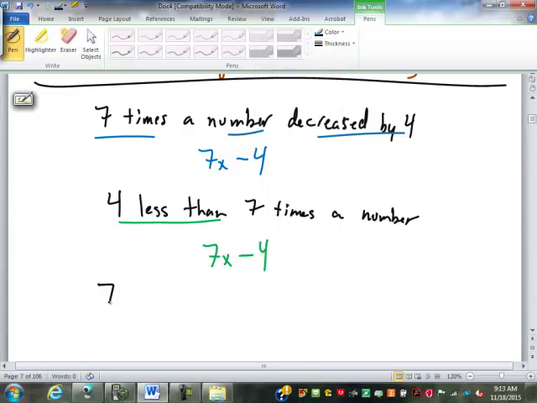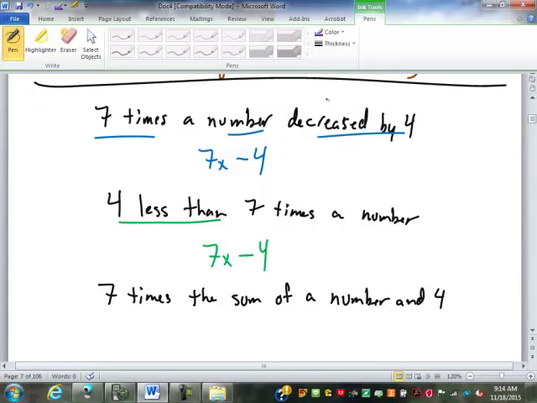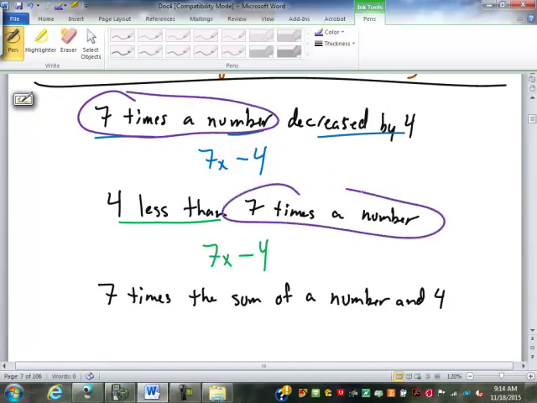How about this one? Seven times the sum of a number and 4. Is that the exact same thing? Say no. What's different? In both of these, it was 7 times the number. 7 times the number. So that was 7x. Down here, it's 7 times the sum.